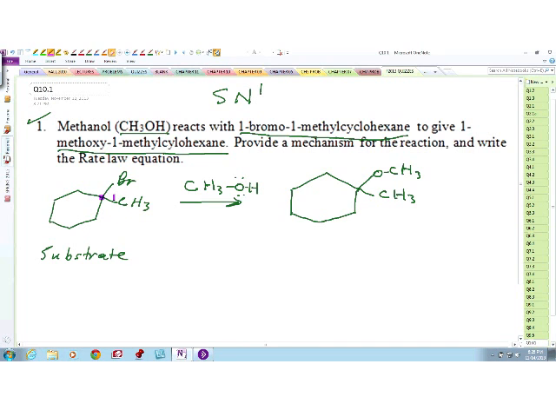Okay, so if this is an SN1 reaction, what is the special feature of an SN1 reaction in terms of the mechanism? What does it do? It has to form a carbocation.